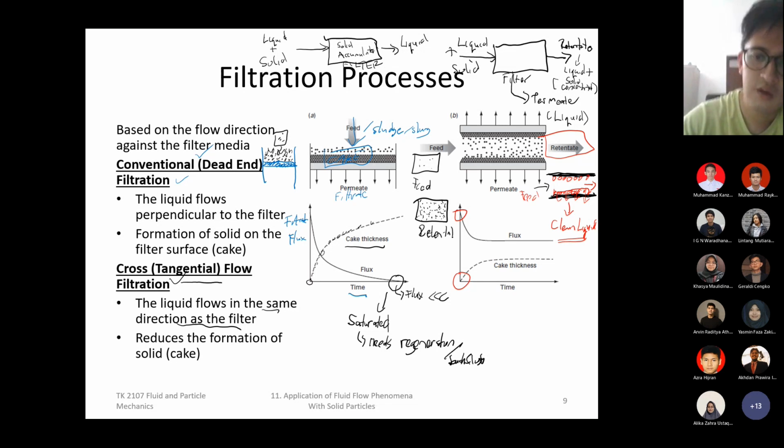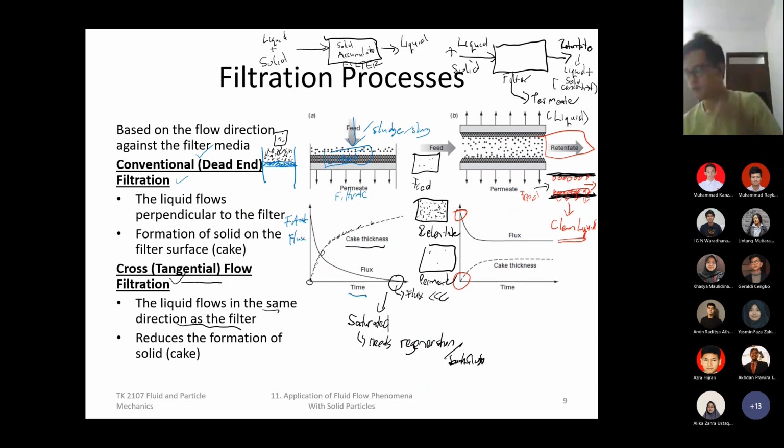And the permeate itself maybe only has very minor amounts of particles going towards the permeate side. Okay, any questions so far? Can you imagine these two different configurations and their advantages and disadvantages?